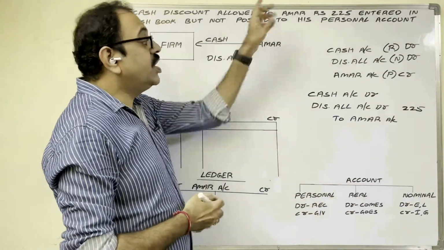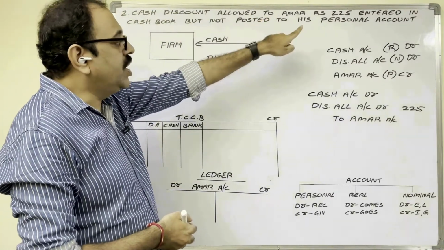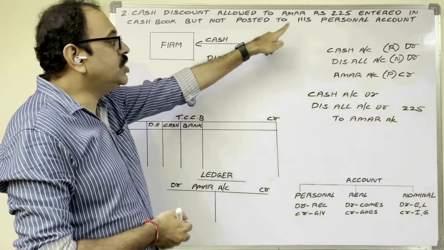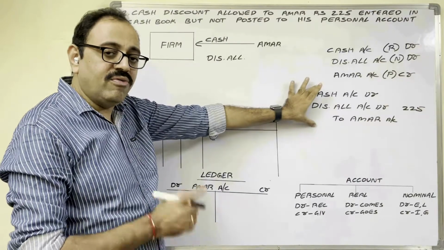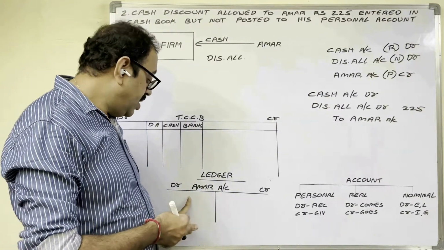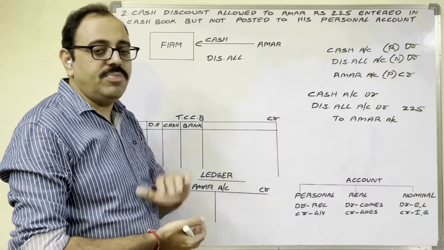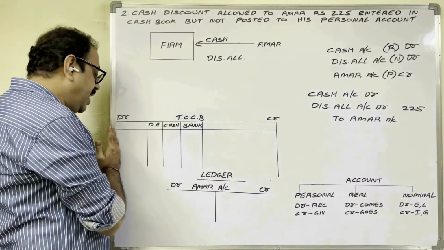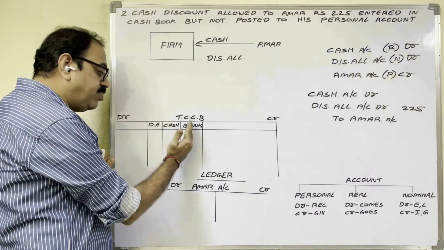Now, observe what the mistake is. Cash discount allowed to Amar 225 entered in cash book, but not posted to his personal account. So this entry, once in the cash book we should record, second time in Amar's account. Assume the firm is maintaining a triple column cash book. A triple column cash book contains date, particulars, LF number, discount allowed, cash, bank.